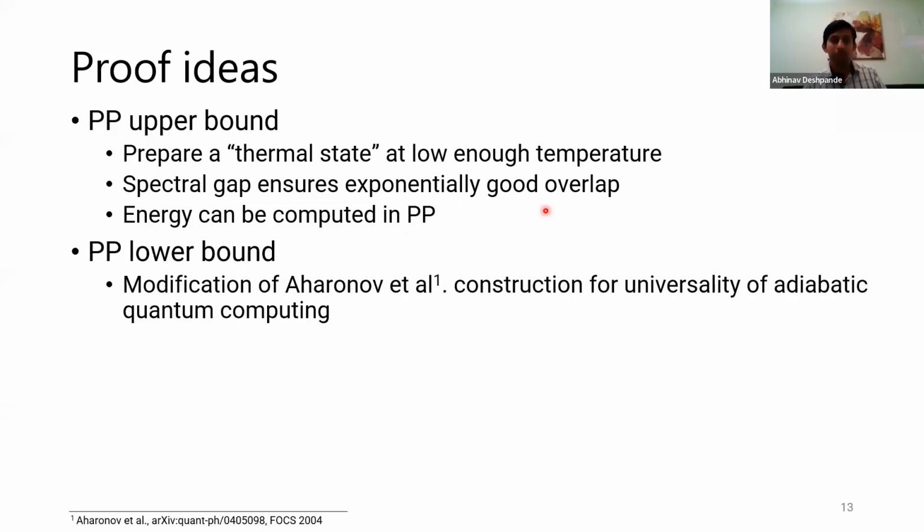As for the lower bound, we modify this construction of Abhinav et al., which proved that adiabatic quantum computing is universal. So we actually use another tool called the small penalty clock construction.